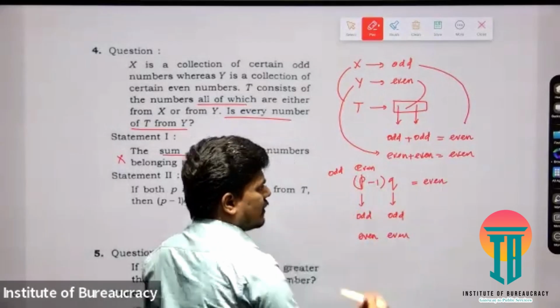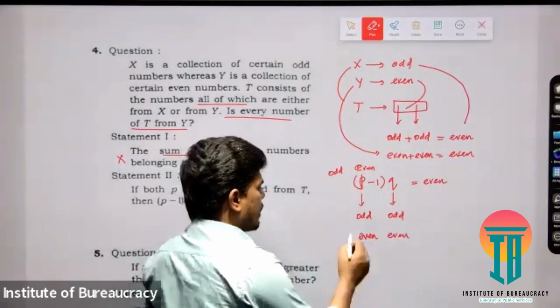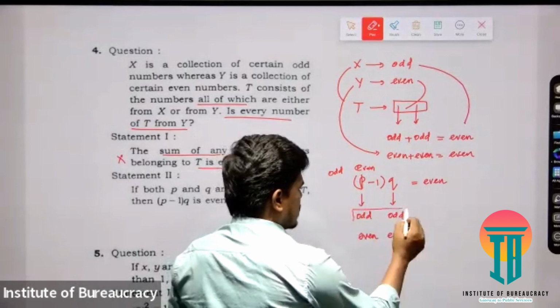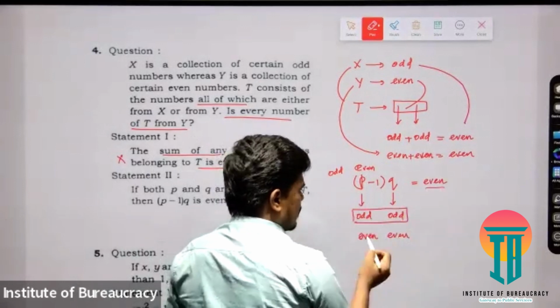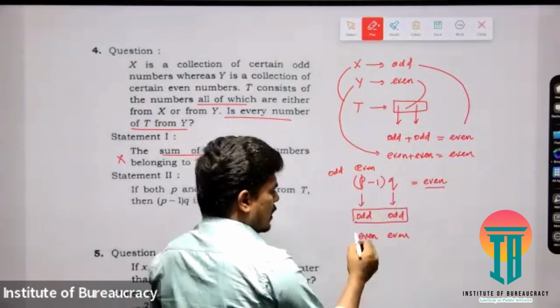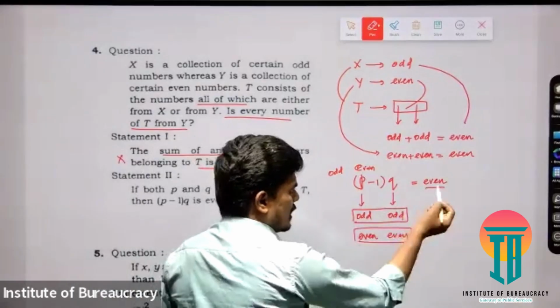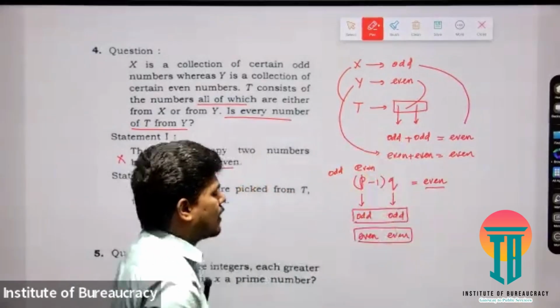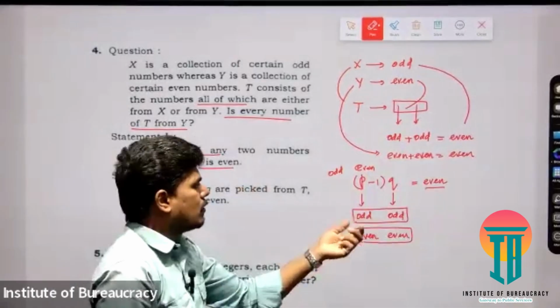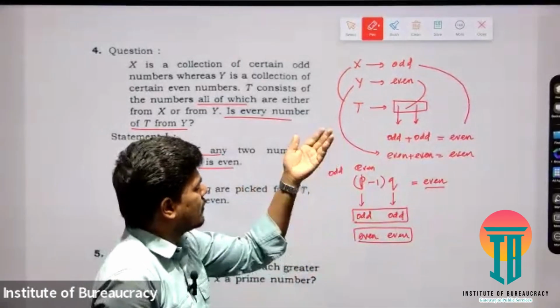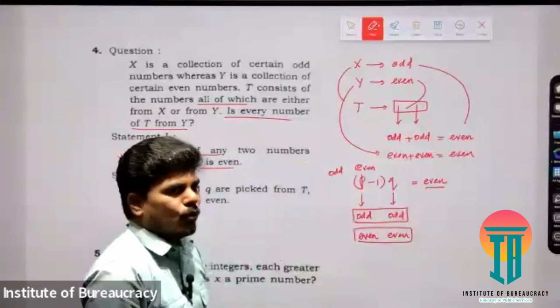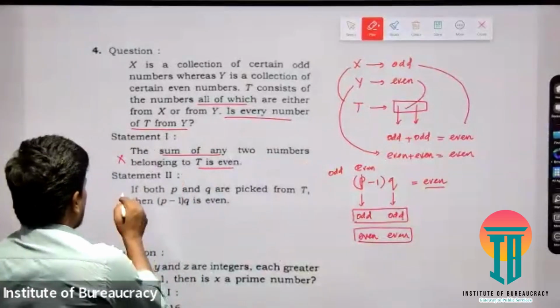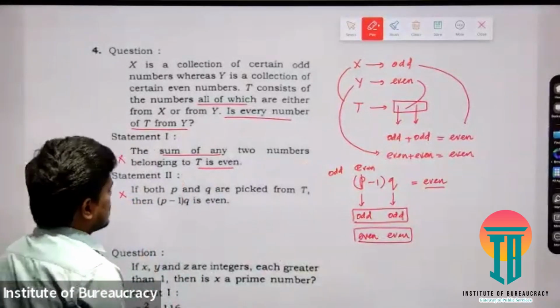In both cases, we are having an even number. If it is odd, the answer is an even number, and odd numbers come from X. If it is even, the answer is also an even number, and even numbers come from Y. Again, you cannot certainly say whether they come from X or Y. So using the second statement, you cannot answer the question.